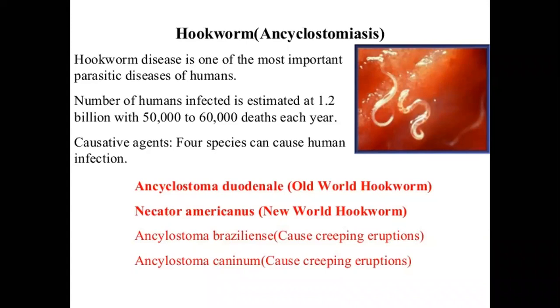Causative agents: there are 4 species that can attack humans. Ancylostoma duodenale, Old World hookworm; Necator americanus, New World hookworm; Ancylostoma braziliense, which causes creeping eruptions and is most commonly seen in Brazil; and Ancylostoma caninum, also causing creeping eruptions.